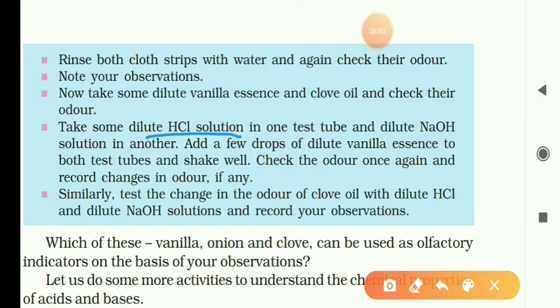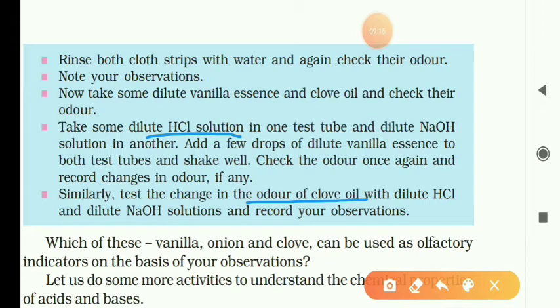Add a few drops of dilute vanilla extract to both the test tubes. Shake well, check the odor and record your observation. Similarly, take clove oil with dilute HCl and dilute NaOH solution and record your observations.